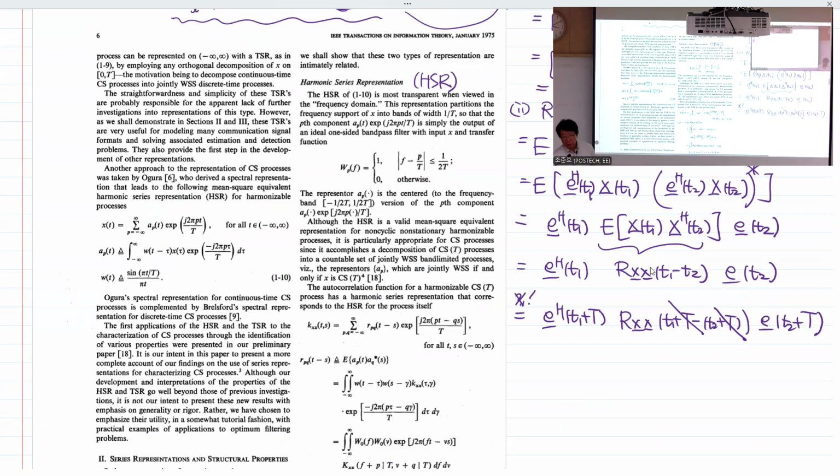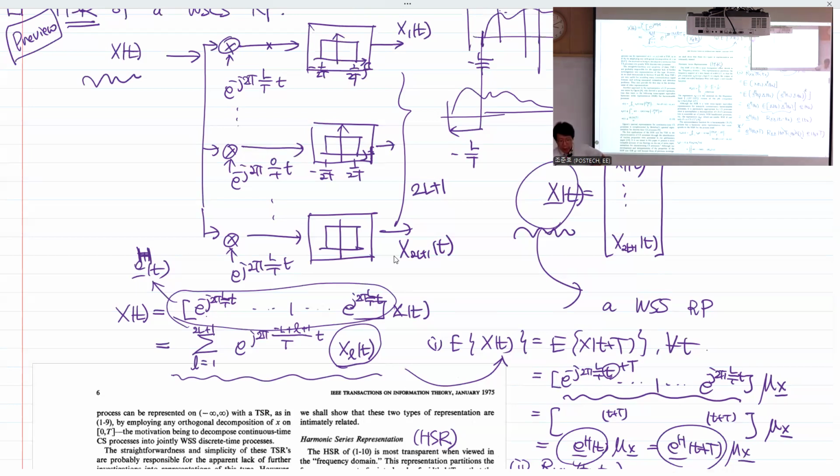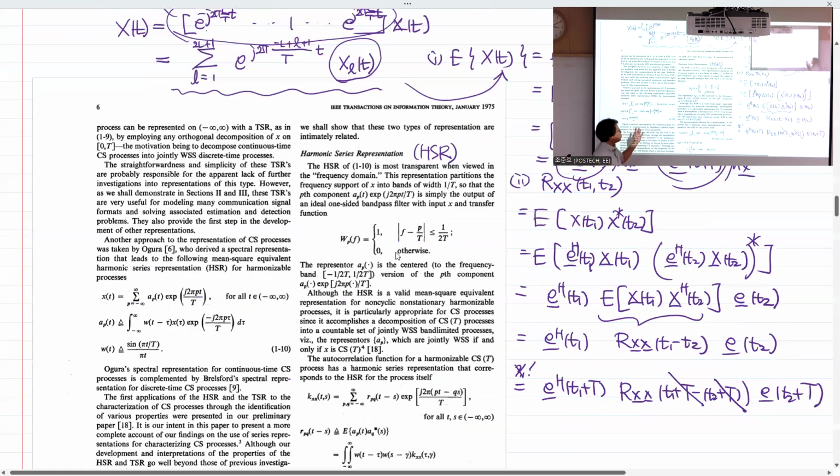So you see the power of this vector matrix form notation? It makes everything simple. And you will see that even the authors of this paper in the 1970s didn't use vector matrix notation, even though it's obvious. Why?